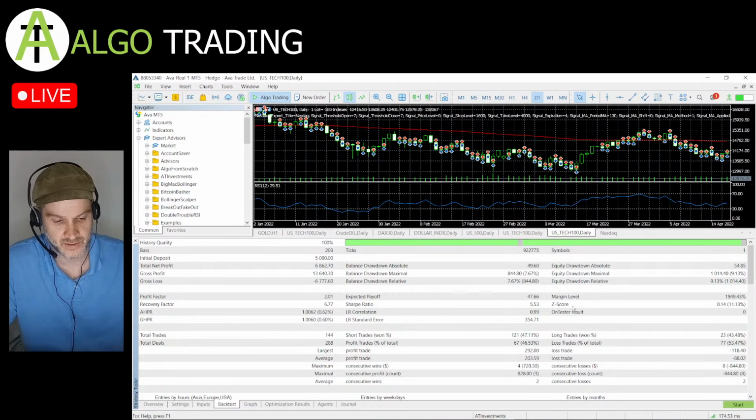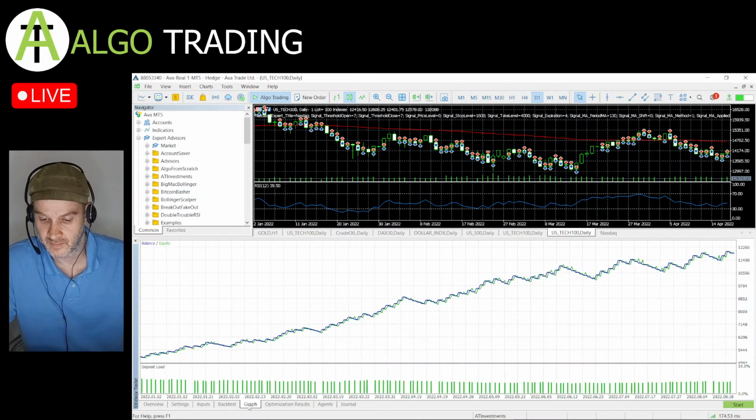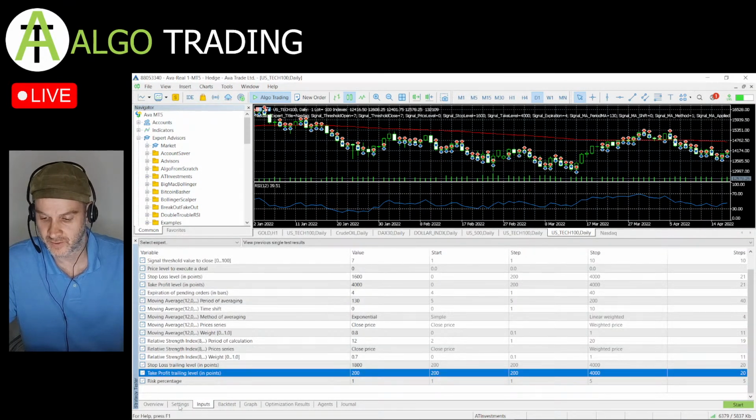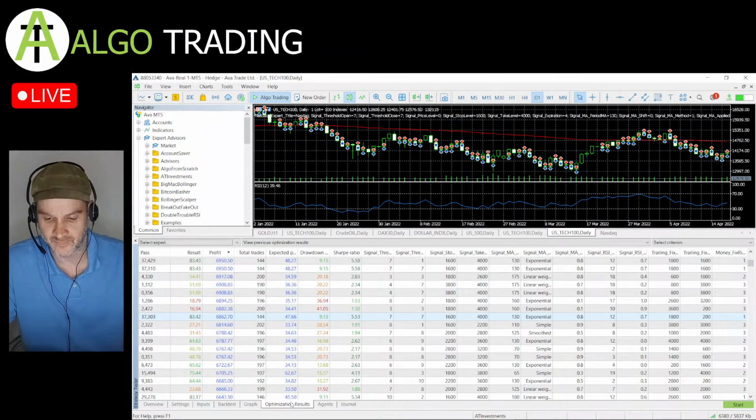Drawdown of 9% over 2 years. Alright, so that's the NASDAQ. I think I like this equity curve a lot better. I don't know what happened there. I think there might have been some false positive in the daily chart.